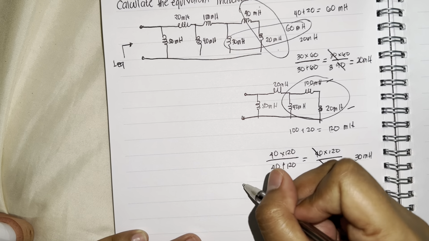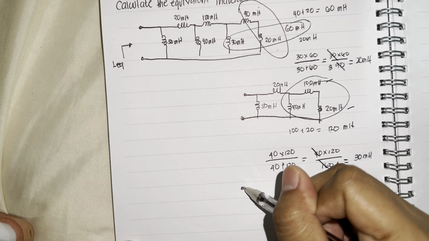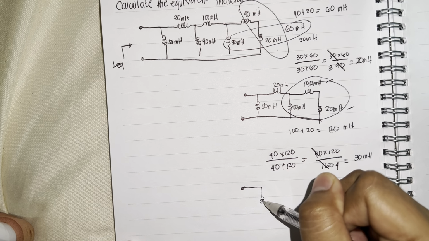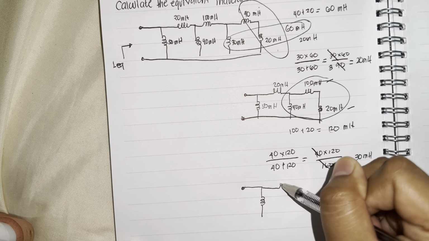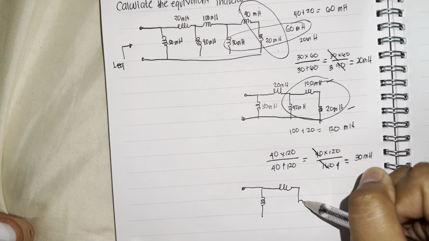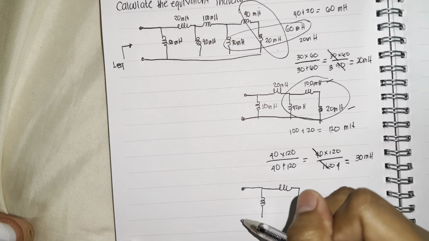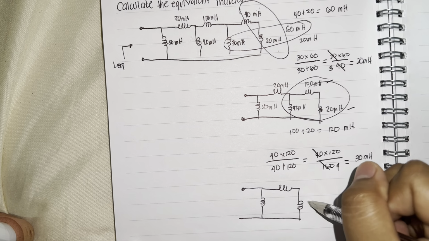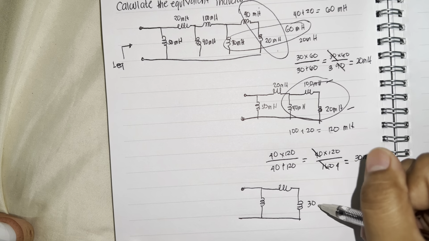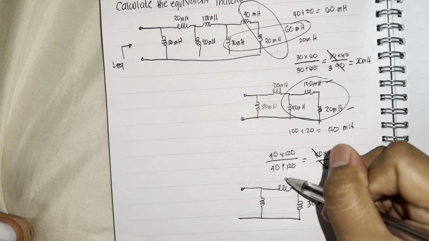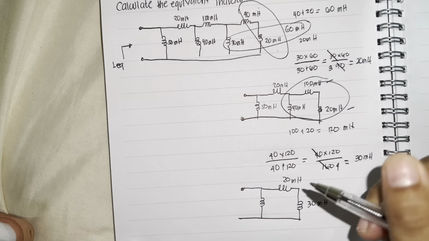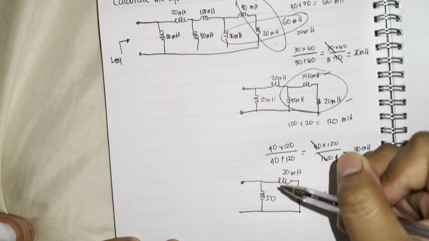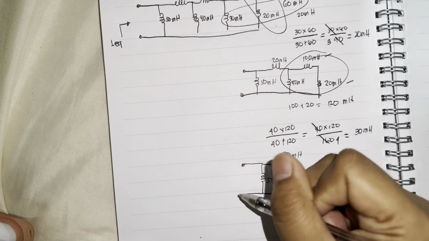So we will redraw this circuit. This will be 30 millihenry, this is 20 millihenry, and this one is 50 millihenry.